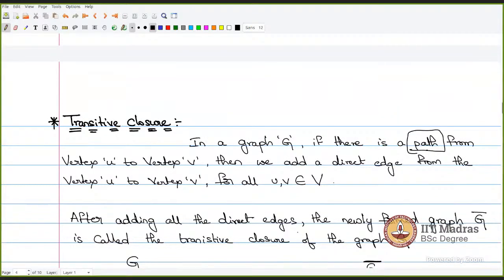We have to choose those vertices U and V which have paths. If there is a path, we add the direct edge. After we finish adding all the direct edges, the newly formed graph, which can be denoted G bar, is called the transitive closure of the graph G.